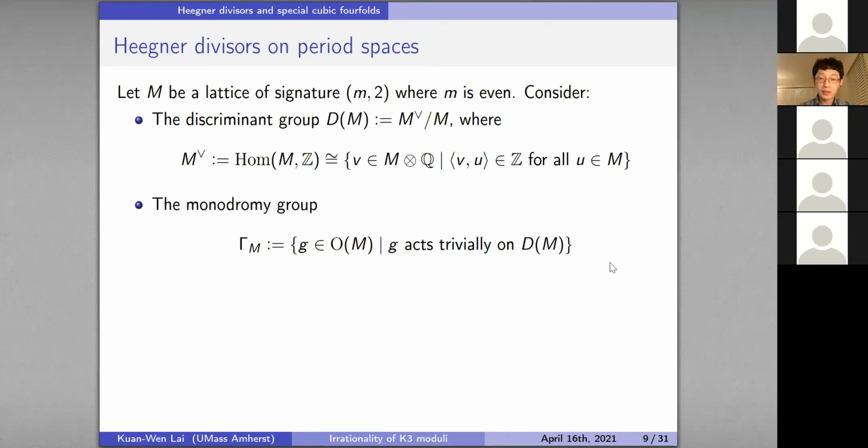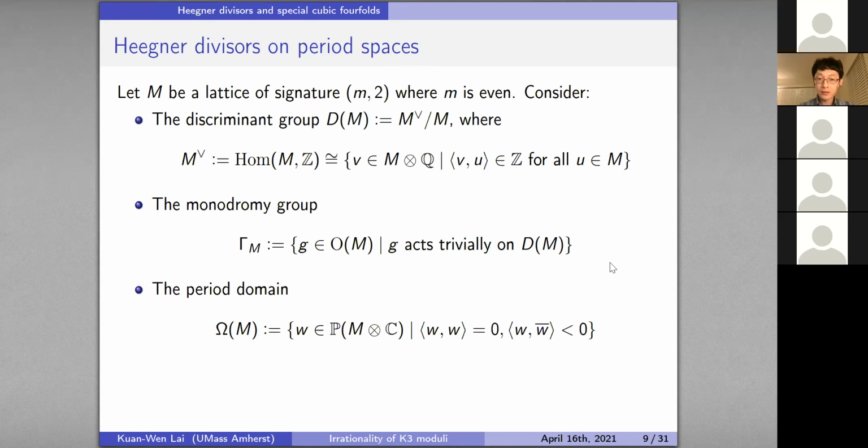We'll also consider the monodromy group, the automorphisms of the lattice which act trivially on the discriminant group. We'll also consider the period domain, denoted by Omega_M, which is a quadric in the projectivization of M tensor C. And we'll also consider the period space denoted by P_M, the quotient of the period domain by the monodromy group. These are the notations we're going to use.